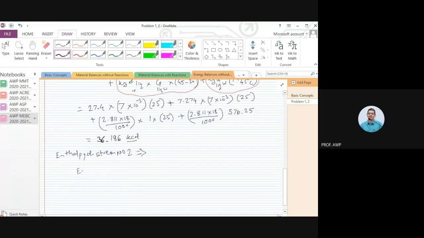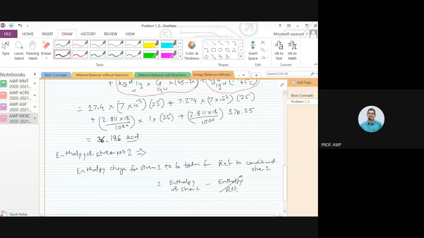If I calculate enthalpy change for stream number 2 to be taken from reference to conditions of stream 2, that enthalpy change would be enthalpy of stream 2 minus enthalpy at reference conditions.